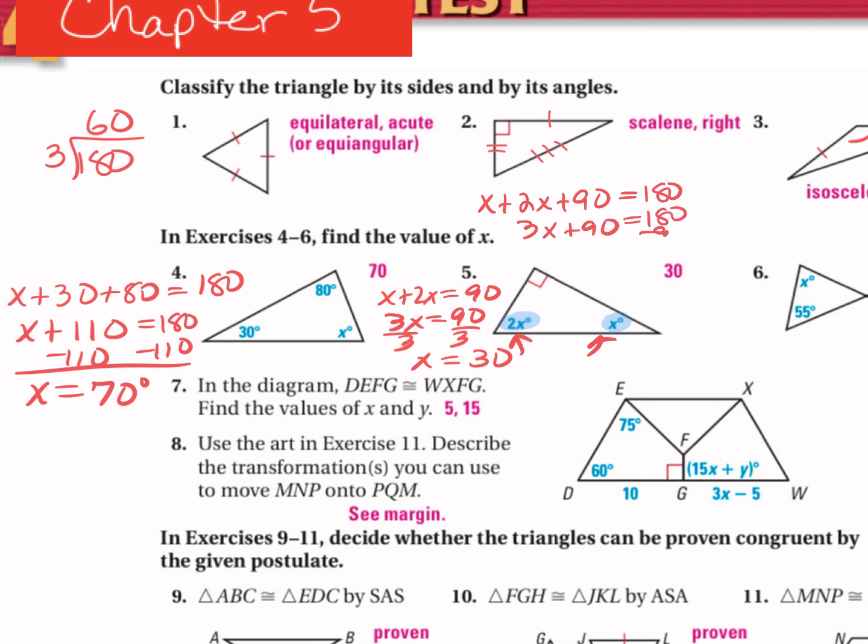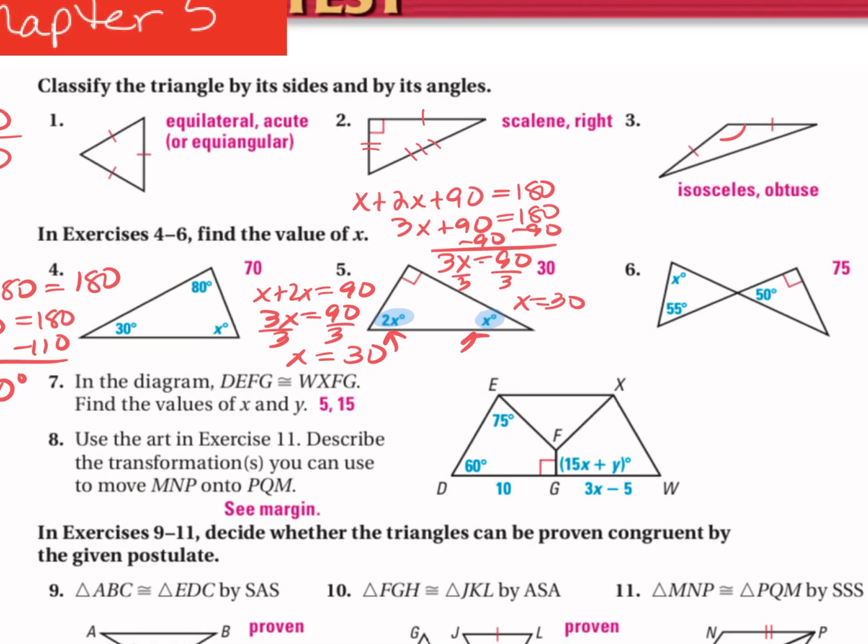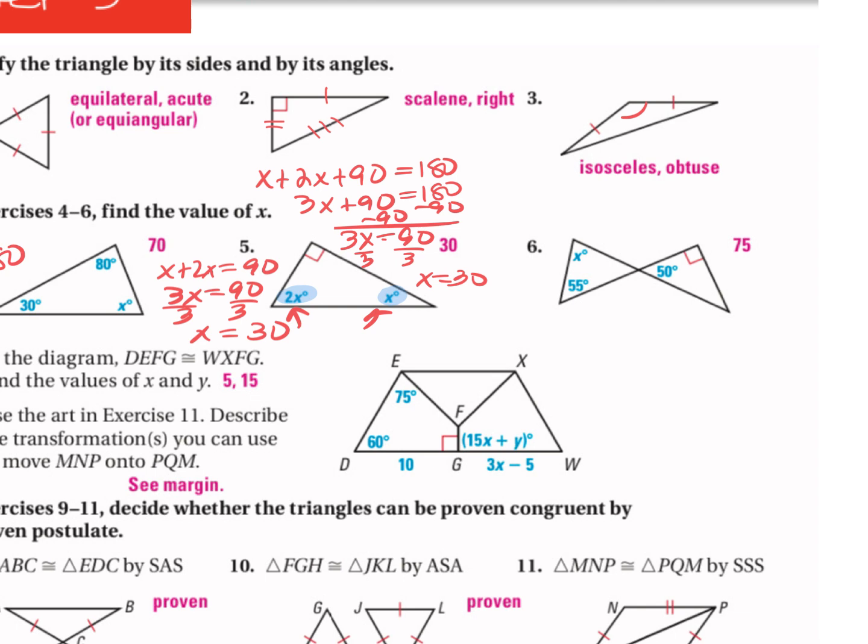I would have had to subtract 90 first and then get the same thing. 3x equals 90, divide, and then x equals 30. Either way you can solve it. So you either use the corollary that states the acute angles of a right triangle are complements, or use the triangle sum.